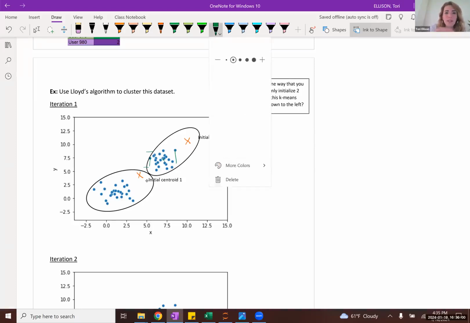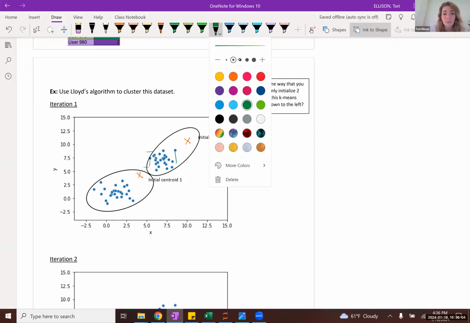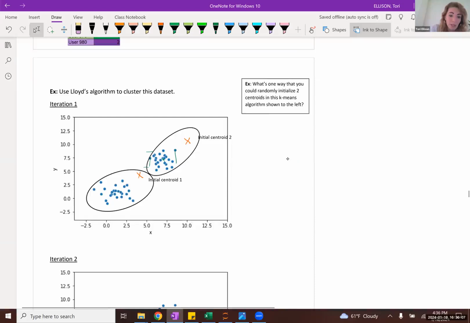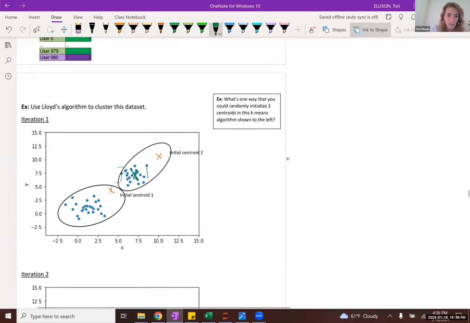So that's not a good color to use. So basically, the new centroid for this cluster would be something like right here.